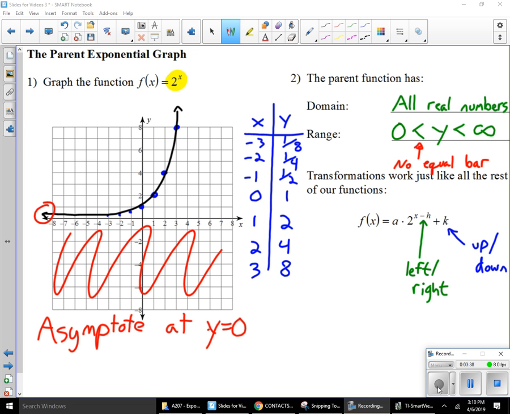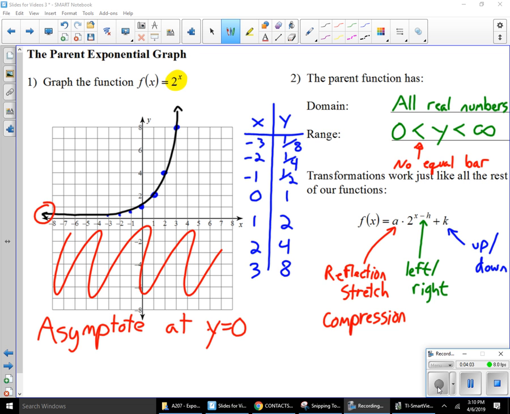We'll look at those in a second. And then A can be our reflection, our stretch, or our compression. So all the transformations from previous units are going to come back for this unit. It's even the same notation, A, H, and K.